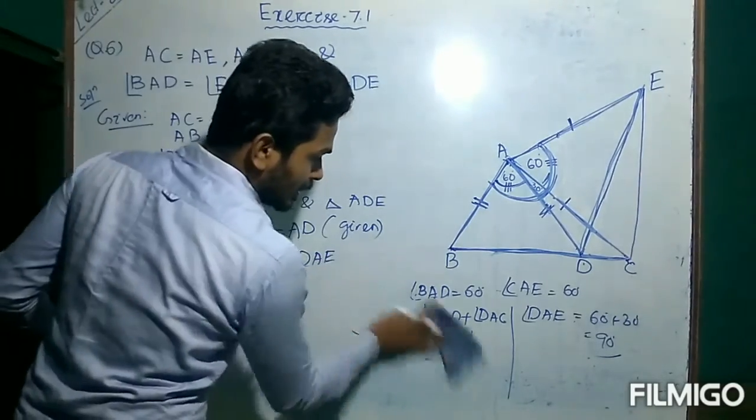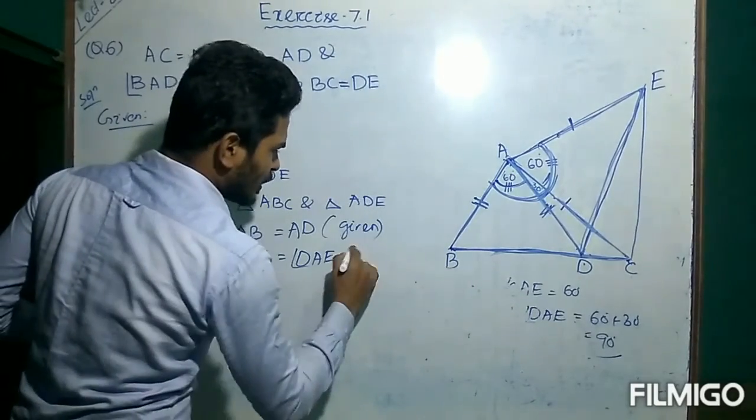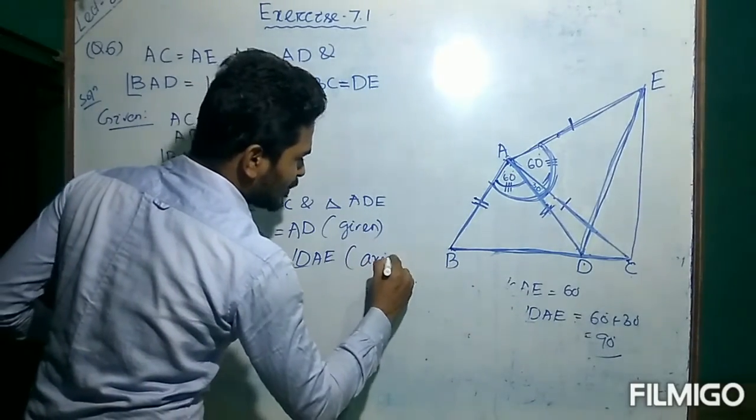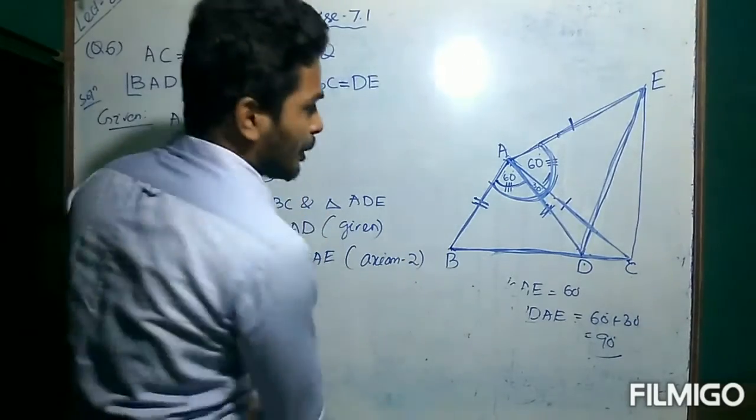Understood? Why? Due to axiom, I think, 2, from chapter 5.